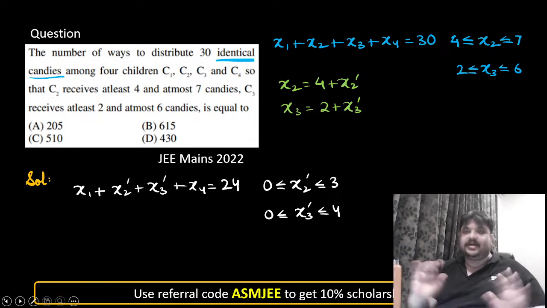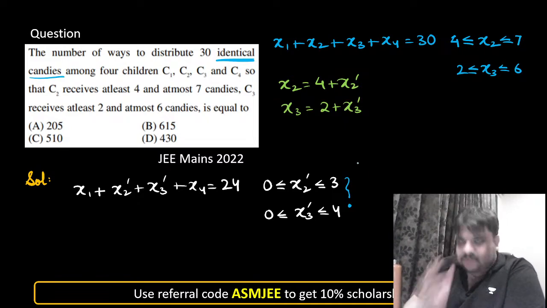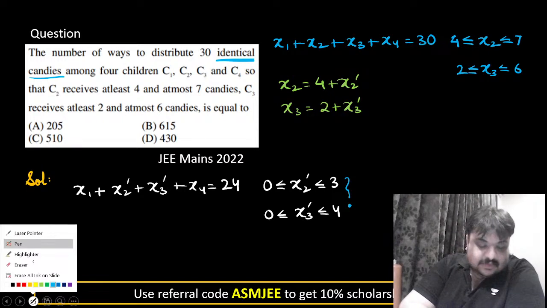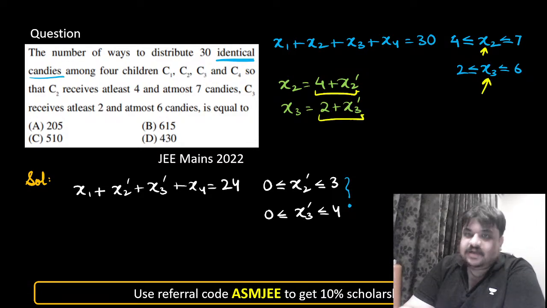Take your time. Read it. People are asking, how did you get this inequality? A class 4th student can get this inequality. Just substitute it here. Please do something yourself also. Don't try to just copy. Substitute 4 plus x2 dash here. Substitute 2 plus x3 dash here. And see what happens.